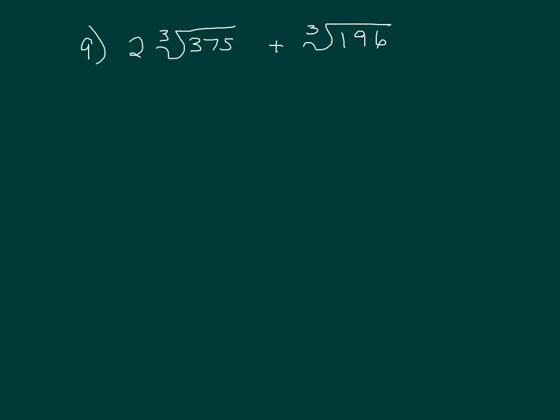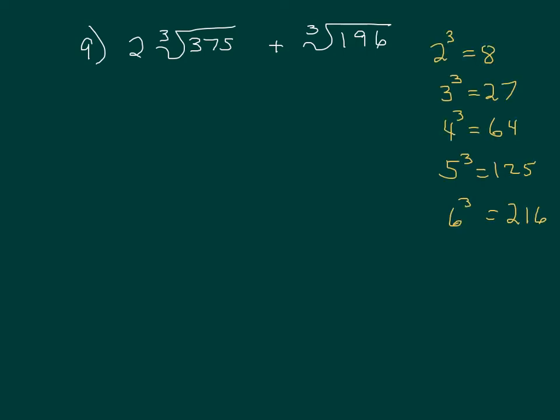So you need to write a table at the front of your blue book that looks like this. And you can keep going with this. 2 cubed is 2 times 2 times 2, which is 8, and so on. When you get to things you don't know, just enter them into the calculator, 6 times 6 times 6, for instance, and you'll get 216.